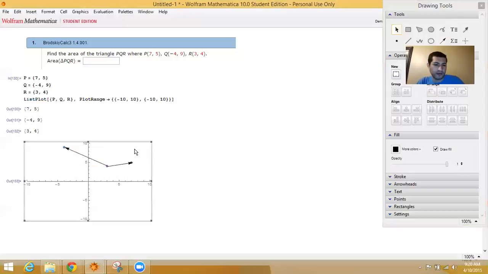Now, in order to find the area of this triangle, let's first consider the parallelogram bound by these vectors.